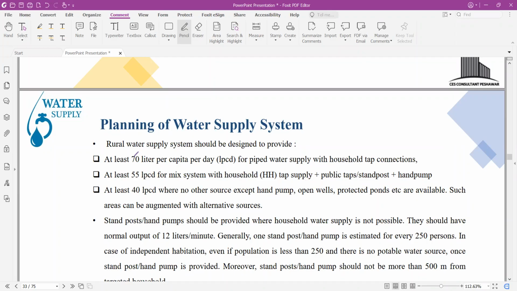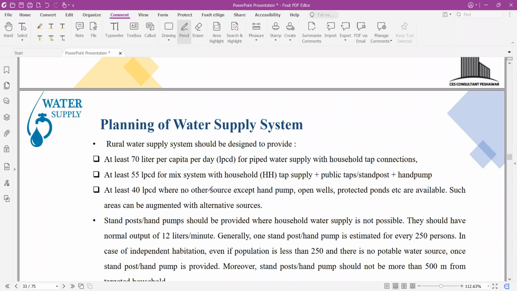So basically, the 70 liters per capita per day involves different types of work, like bathing or washing of clothes, and it may also include cooking, as well as water used for drinking purposes. These are different types of demands, based on which it is decided what demand should be used for that type of system.